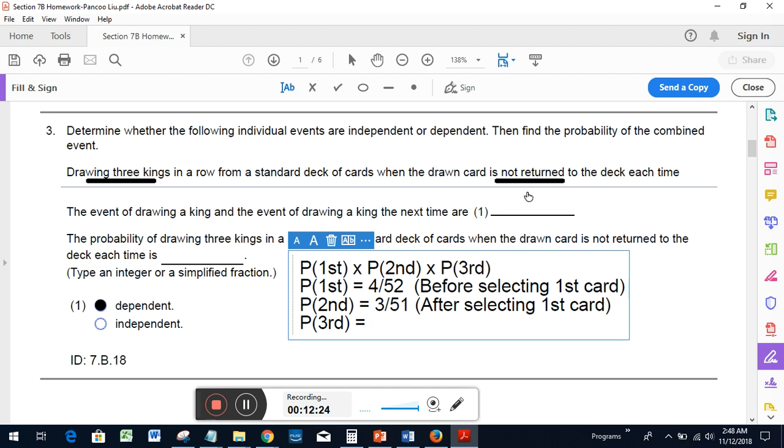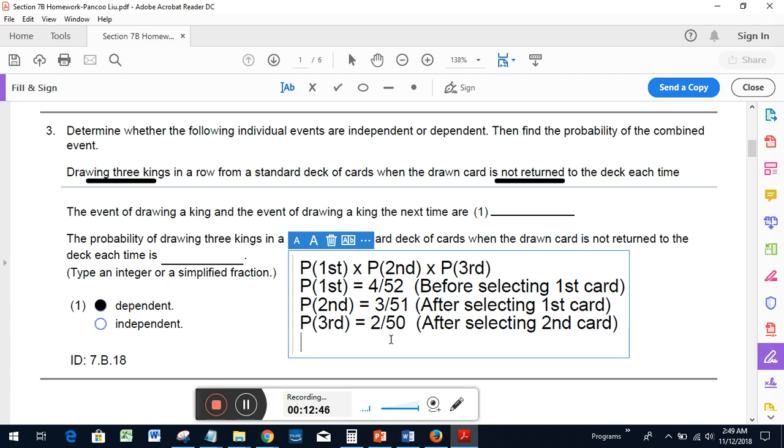Again, we're not returning, so we now only have 2 kings out of 50 cards to select from. So then now we'll take all 3 probabilities and multiply them together. So we'll have 4 out of 52 times 3 out of 51 times 2 out of 50.